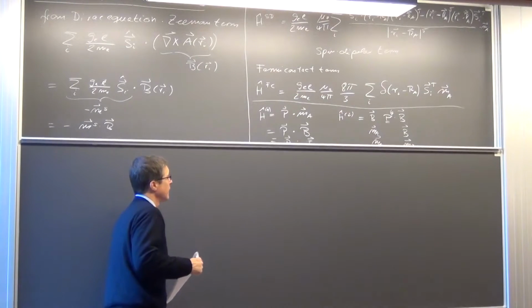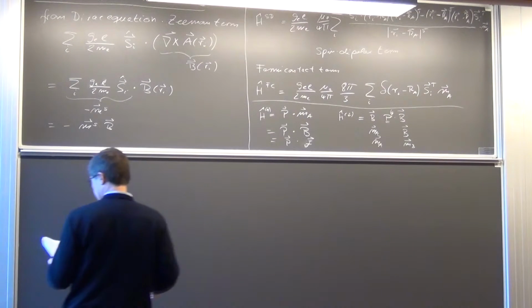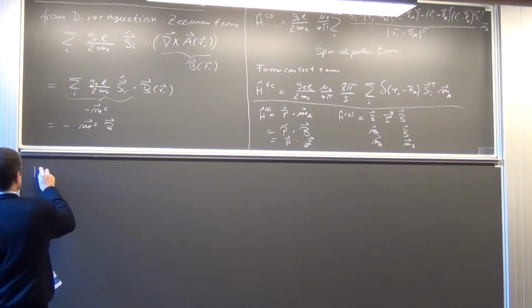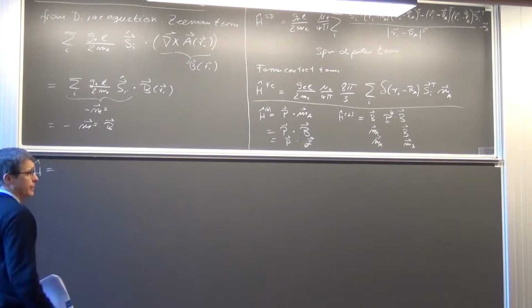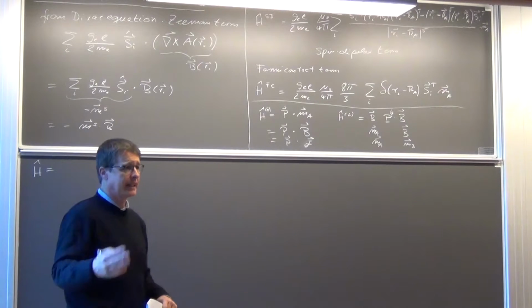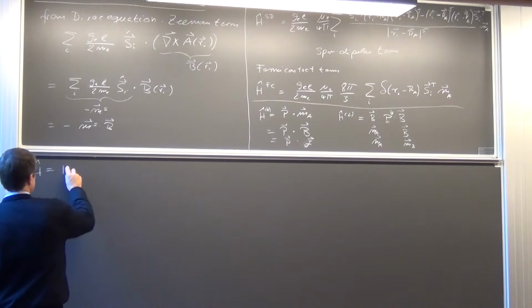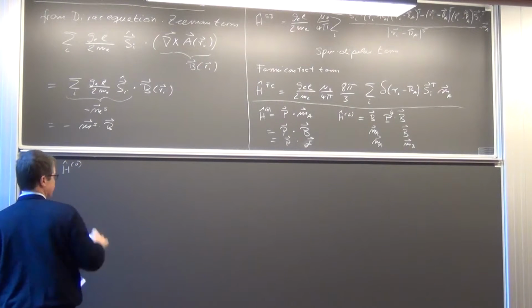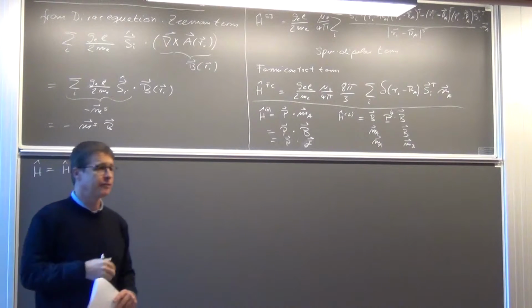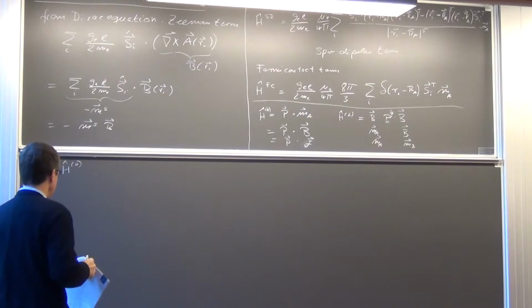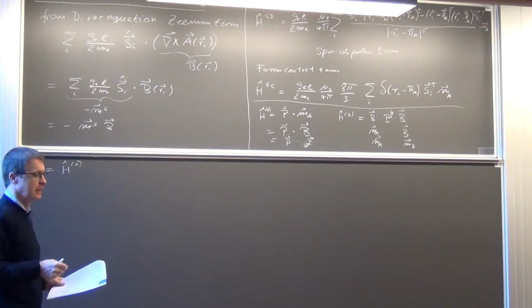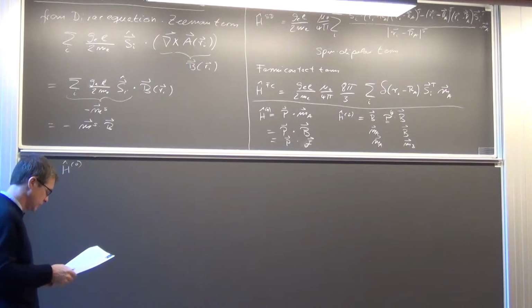So, we'll collect them now all. We finally end up that our Hamiltonian, in the presence of external electric and magnetic fields and internal magnetic moments, is our original Hamiltonian, which you sort of could call the field-free electronic Hamiltonian. It's just electronic Hamiltonian, because we are in the Born-Oppenheimer approximation.